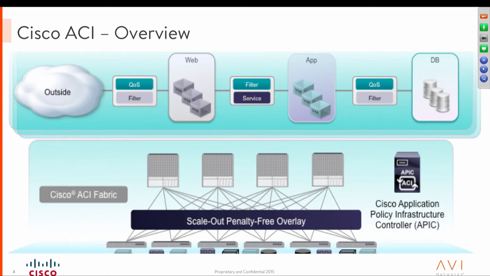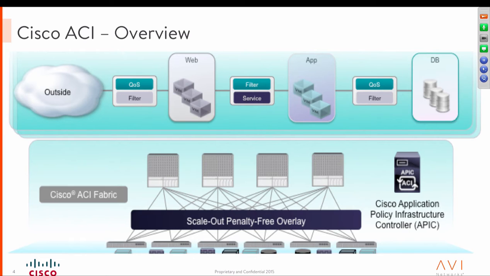With Cisco's application-centric infrastructure, which is Cisco's next-generation SDN technology, what we have tried to do is move away from this box-by-box model and come up with a model of actually building a fabric and managing the entire fabric as one entity. So Cisco's ACI, or application-centric infrastructure, has been designed to work as one entity managed by the controller, which is the Application Policy Infrastructure Controller, or APIC for short. And as part of the demo today, we'll see some of the screens from APIC.